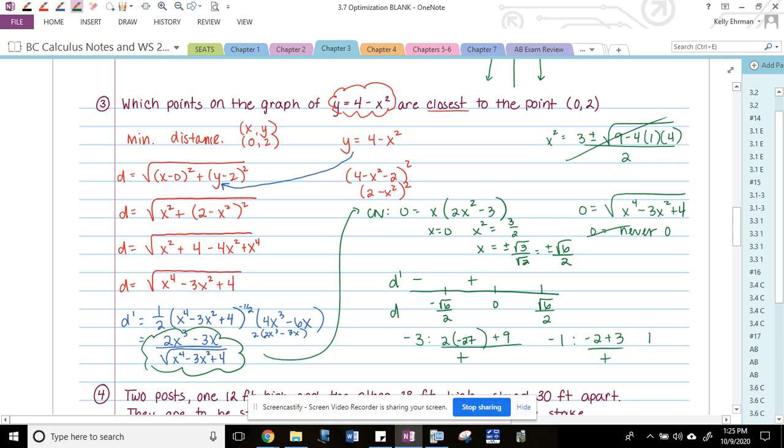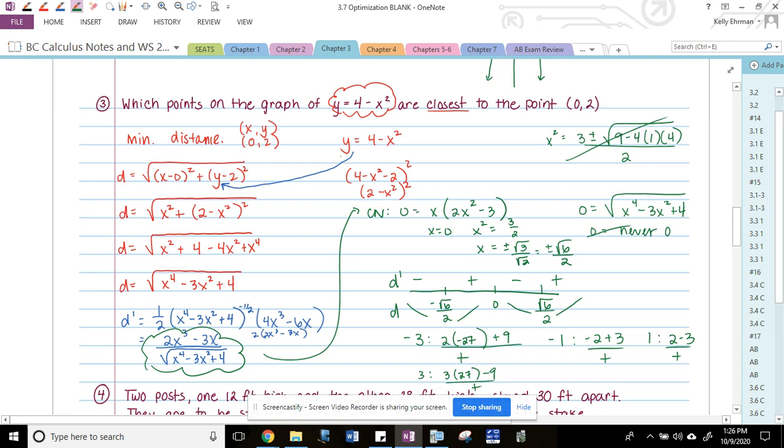If I plug in 1, I get 2 minus 3 over a positive, which is negative. And if I plug in something bigger, like 3, I get 3 times positive 27 minus 9 over something positive. That's positive.